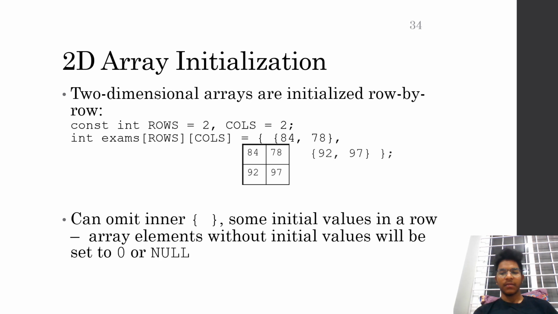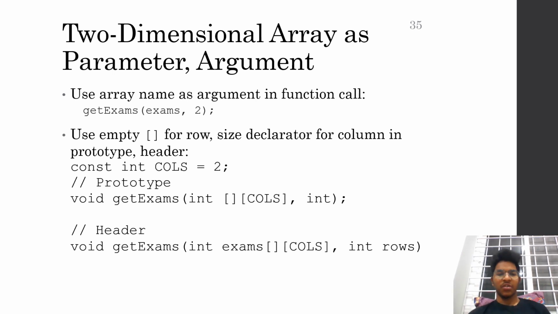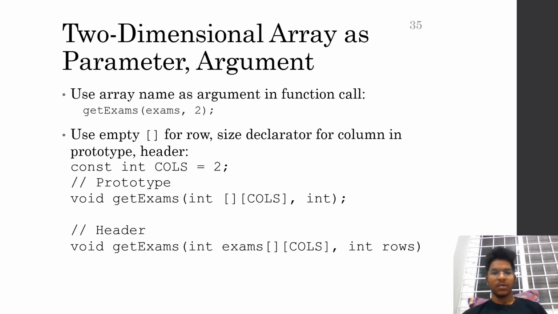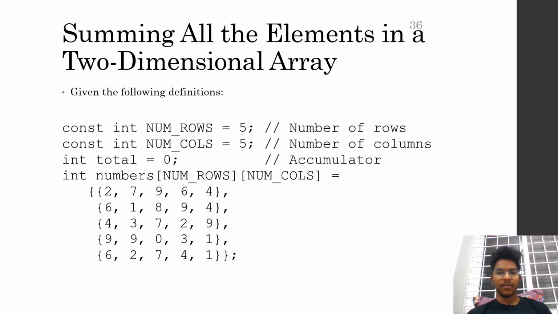You can omit the inner size. Use the array name as an argument in the function call. Use empty brackets for the rows and the size declarator for the columns in the prototype header.